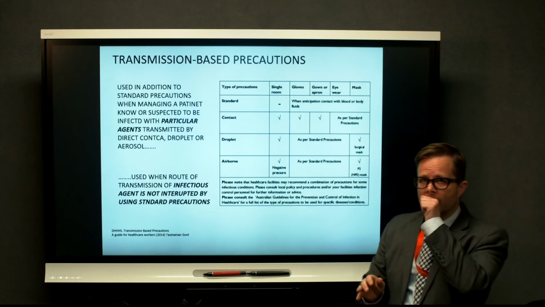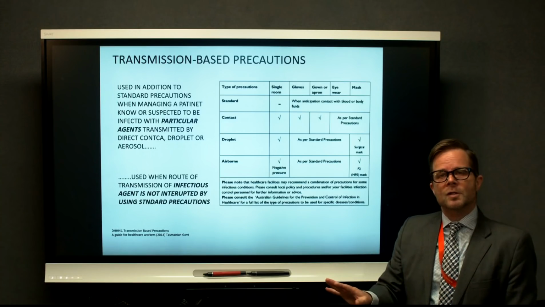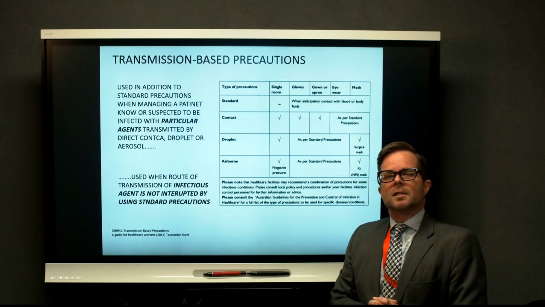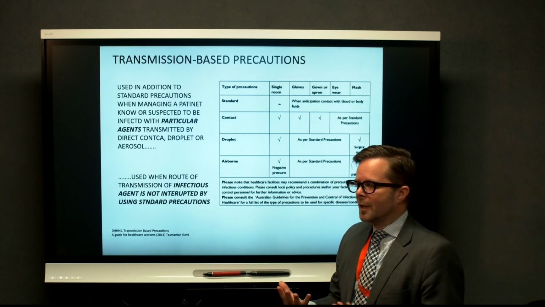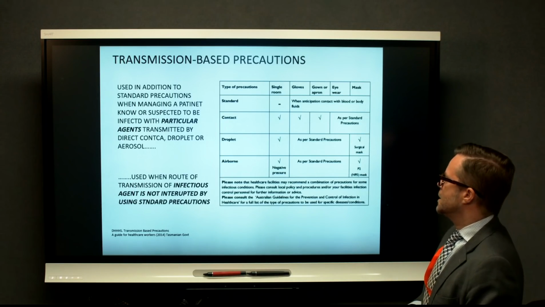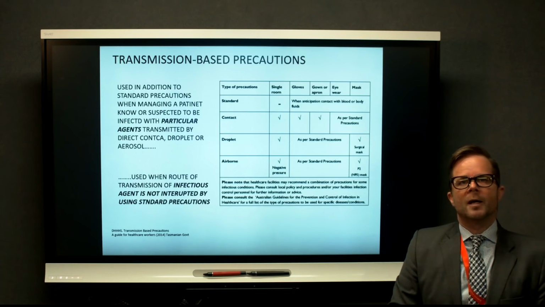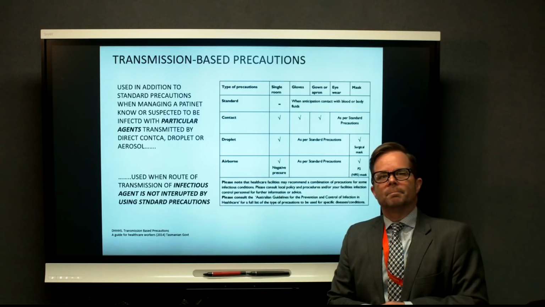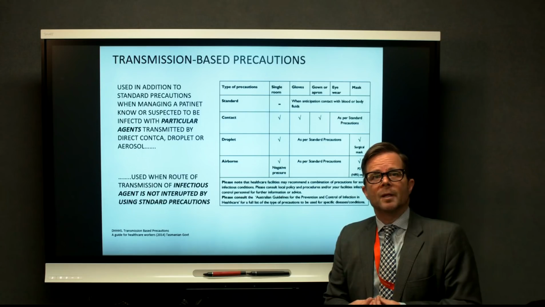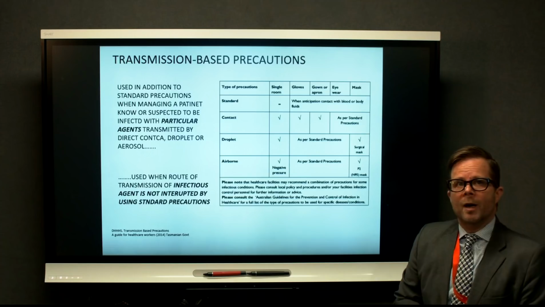And if we do that, excuse me, we can be fairly confident that we will prevent most common infections from occurring. But there are some weird infections which are not controlled effectively by standard precautions. So there are some things that we might identify as particularly infectious, and they can be transmitted by droplet, by contact, or by aerosol.